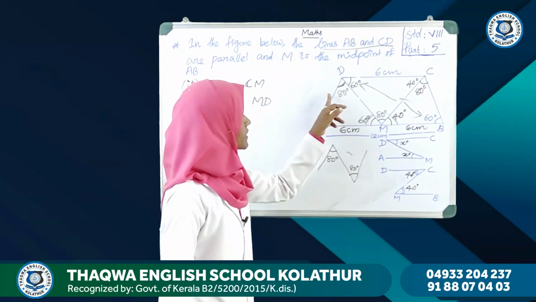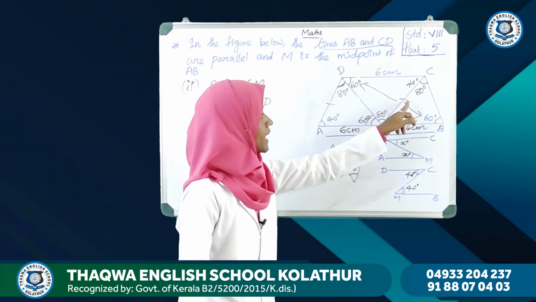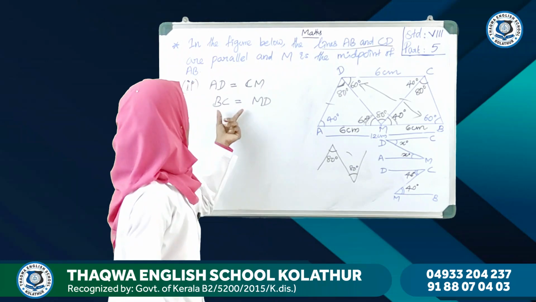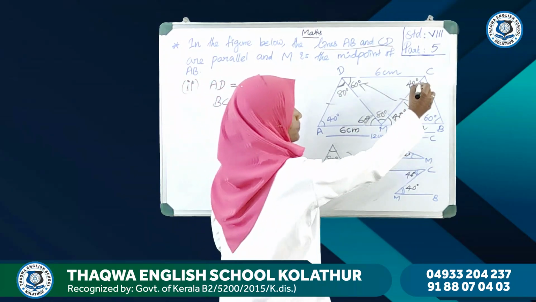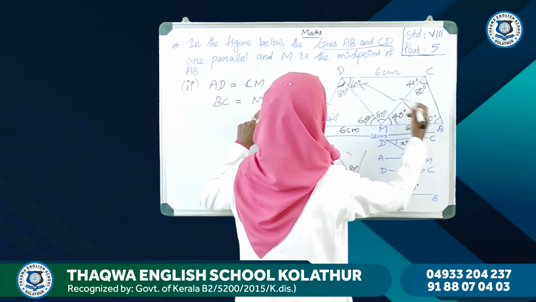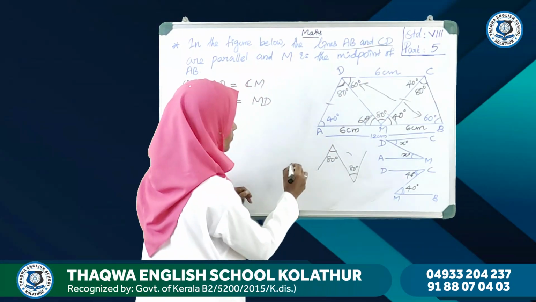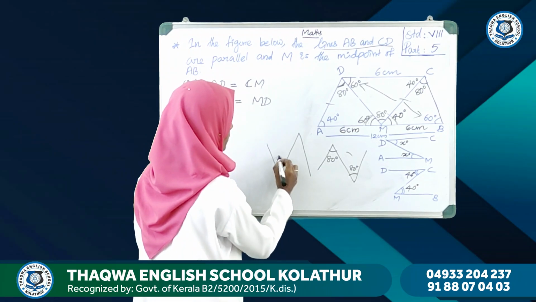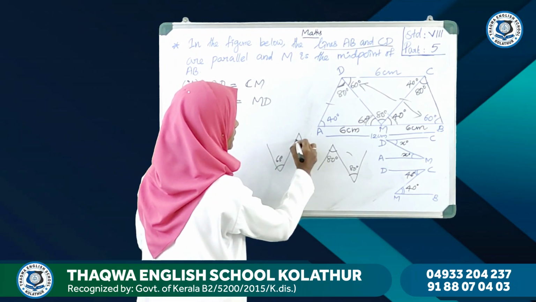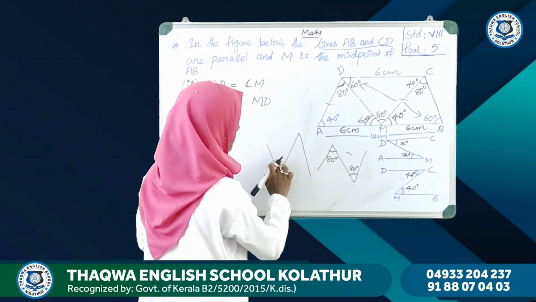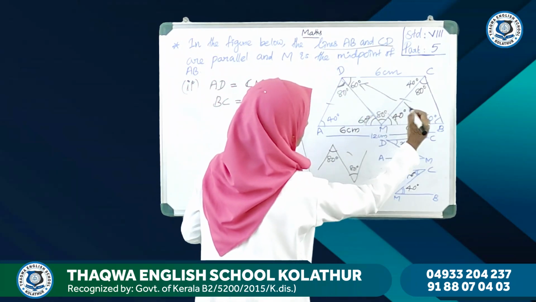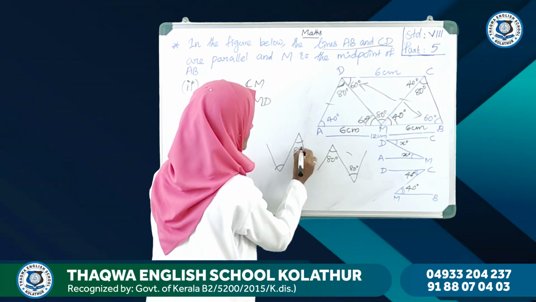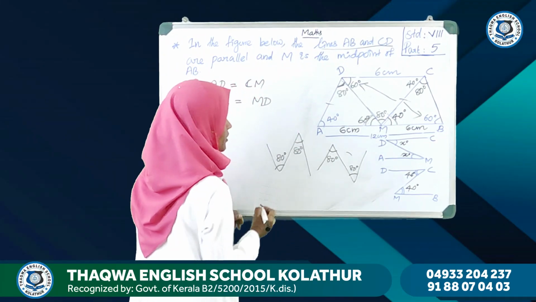These two angles are 90 degree. So we can say that the sides AD and CM are parallel. Okay, and also this side BC and MD. Here 60 degree and this angle is 80 degree, here also 80 degree.